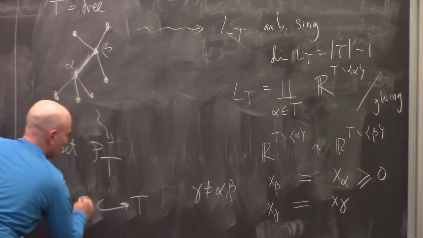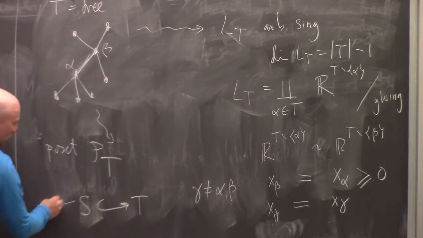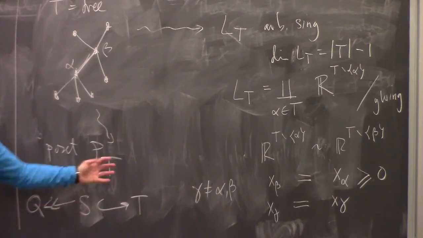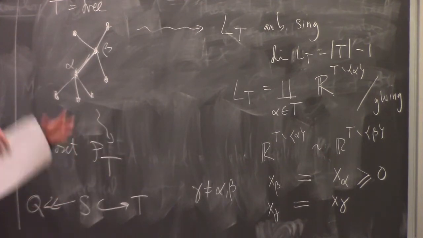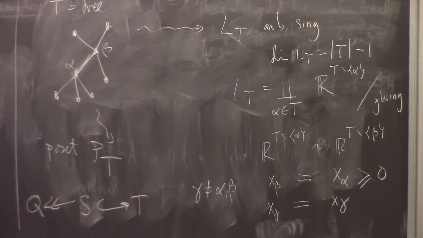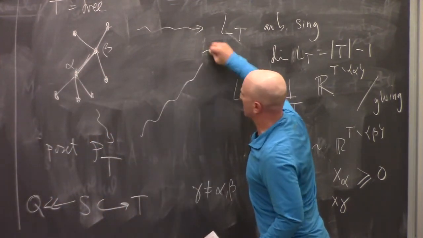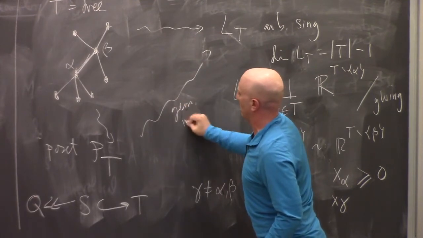So you look at a subtree, S, and a quotient tree, Q. Okay, and there's a natural poset structure on such things. You think of them as correspondences, and if you can make one as a composition of two, then that defines the poset structure. Okay, so this is a poset, and let me just tell you that this is the geometric realization of the poset.